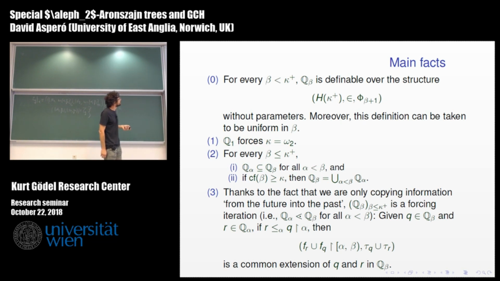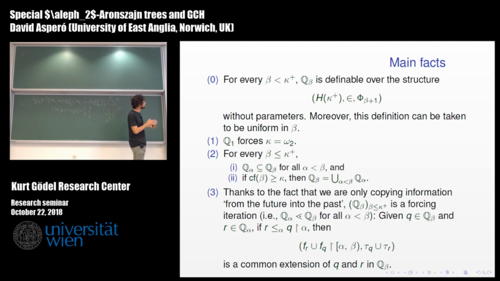Now, also thanks to the fact that you're copying only information from the future into the past, this is a forcing iteration in the sense that Q alpha is a complete suborder of Q beta whenever alpha is less than beta. As Martin was saying, you have a Q in Q beta and R in Q alpha, which extends the restriction of Q to alpha.